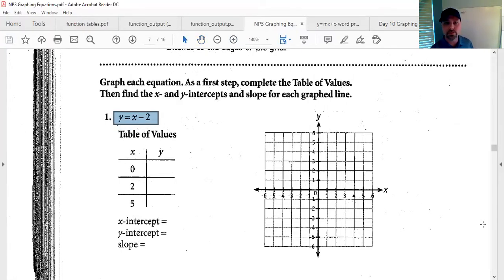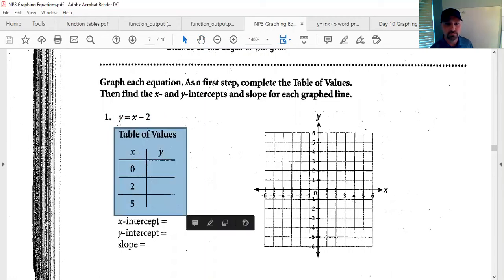Okay, y is equal to x minus 2. So why don't you write that down somewhere, and then take a look at their table of values here. Okay, that's their in-out table. They have already picked the x for you, and they want you to solve for y.